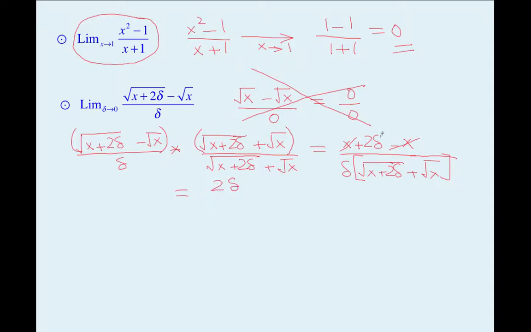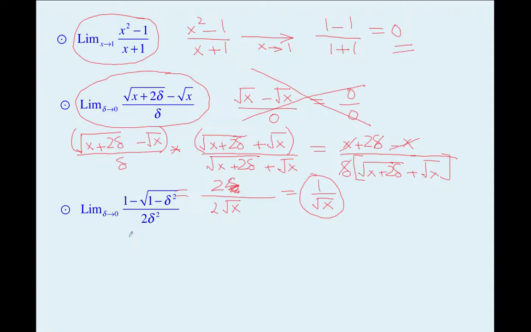Well, we've cancelled out the deltas, so let's not worry about that. This is 2 divided by x plus something we're going to neglect, plus square root of x. So we have 2 times square root of x, and so the final answer is 1 over square root of x. That is the limit of this function here. So the answer is 1 over square root of x.